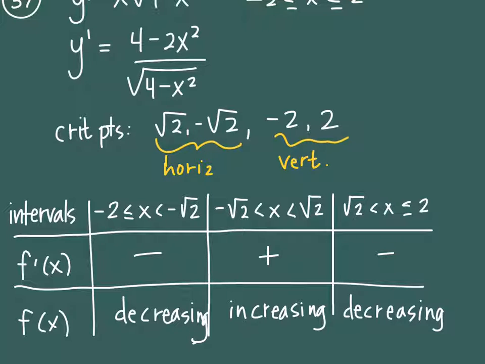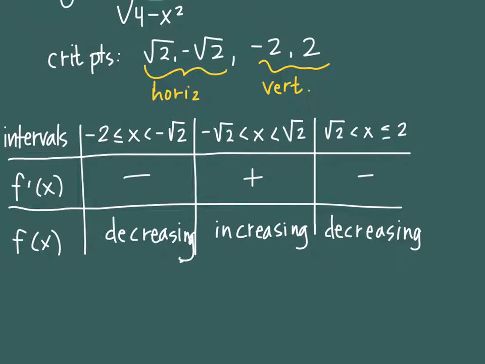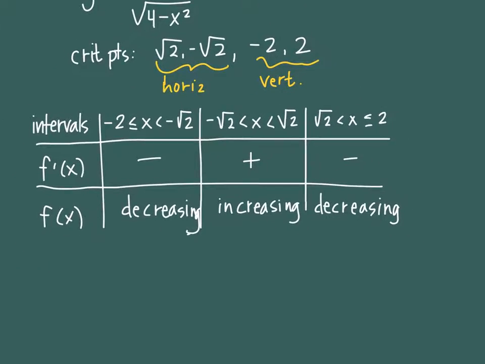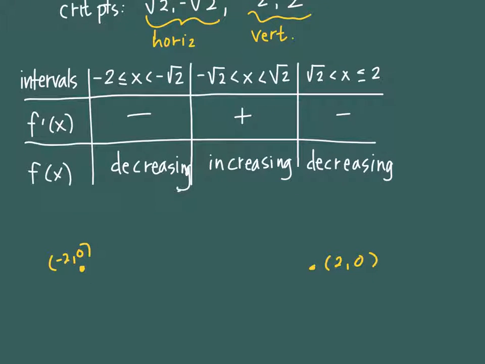Okay, so could we sketch what's going on here? All right, those critical points did have y values that we had found earlier when we were doing our homework, or that lesson. So we found out that the point was -2, 0. We also had the point +2, 0. We had -2, negative rad 2, negative 2, which is about down here.